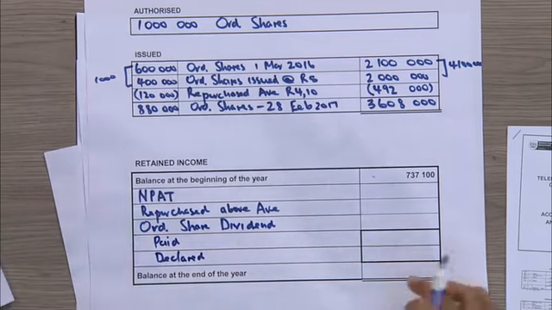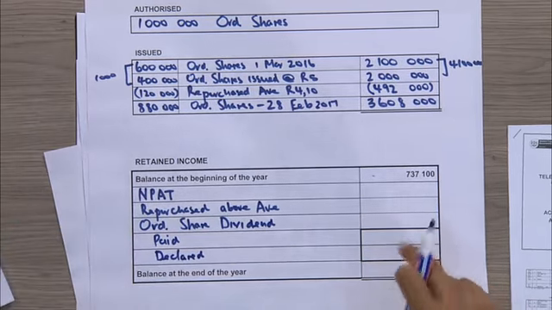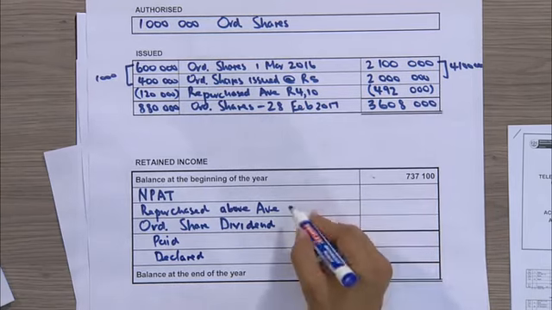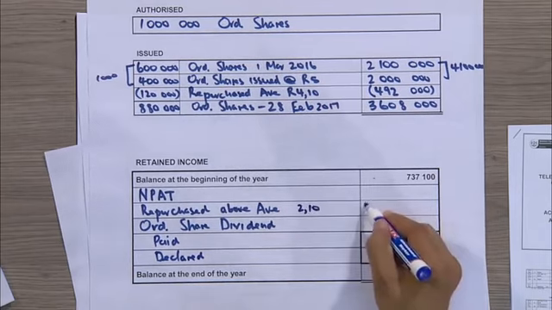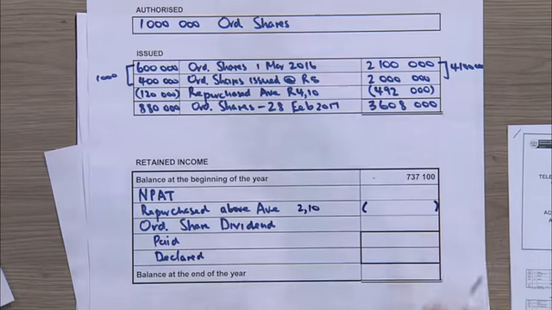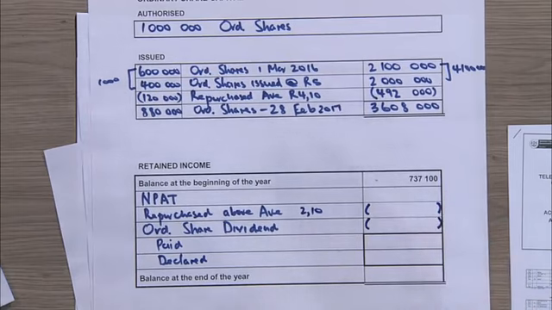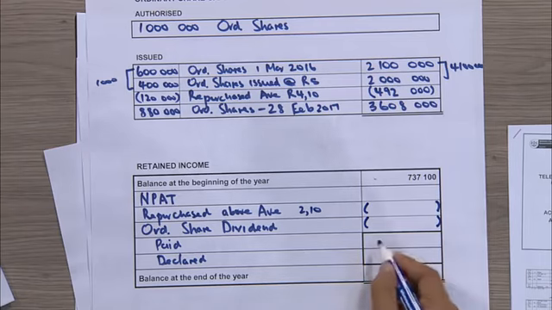The answer at the end of the note should be the same as the balance in your retained income account. What we know is it was 2 Rand 10 cents above, so that figure will have to go in brackets. And the ordinary share dividends will go in brackets. The first dividend was 150,000.